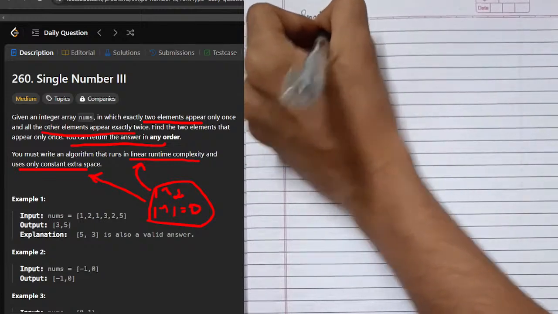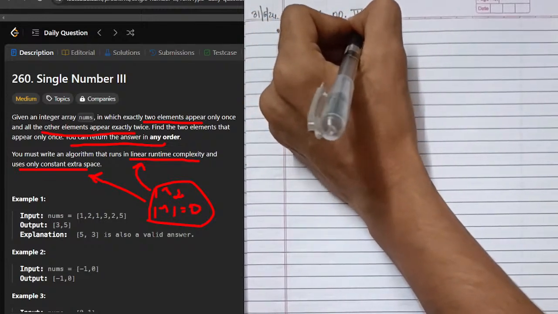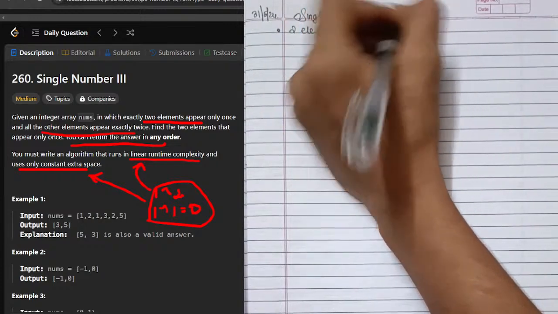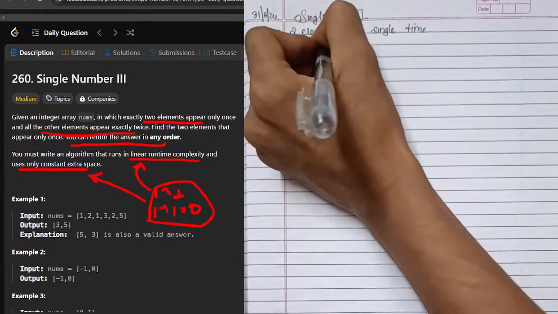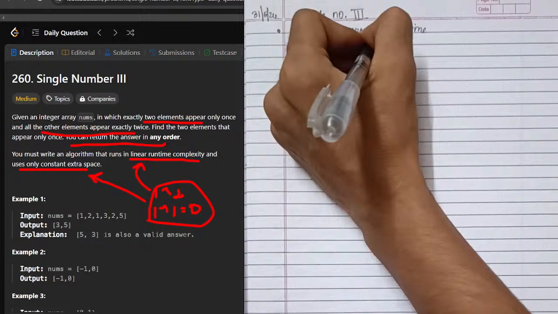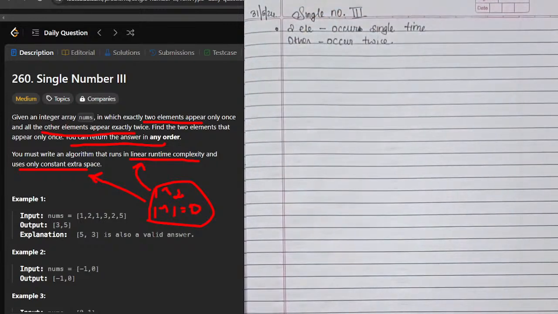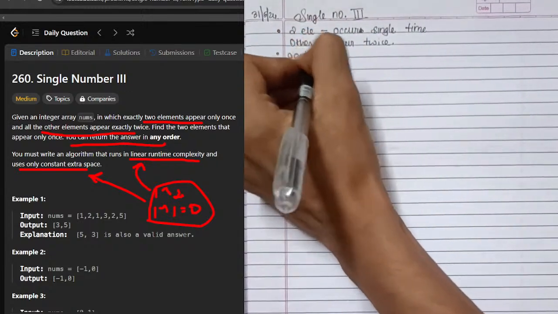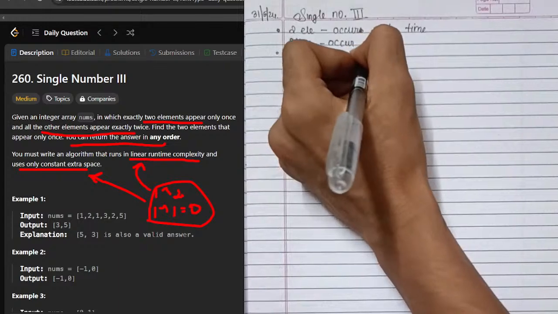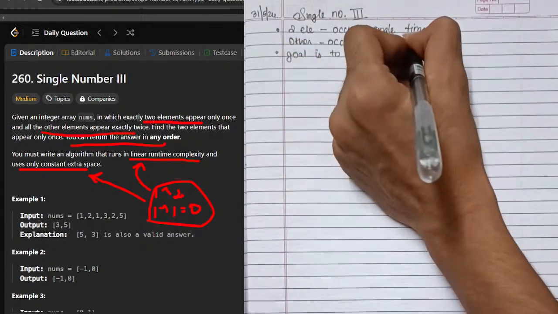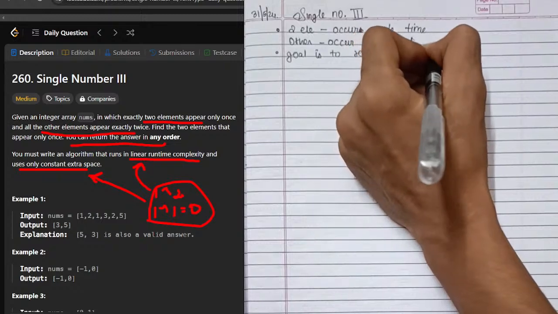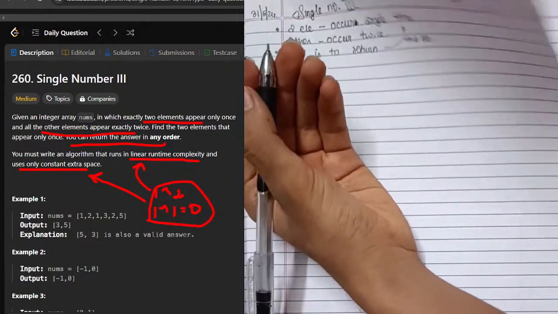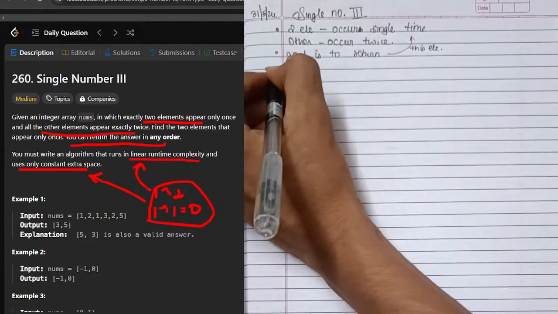So what information are we given? Two elements occur a single time. Others occur twice. Our goal is to return these elements.